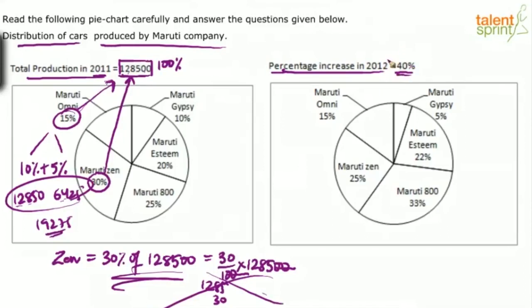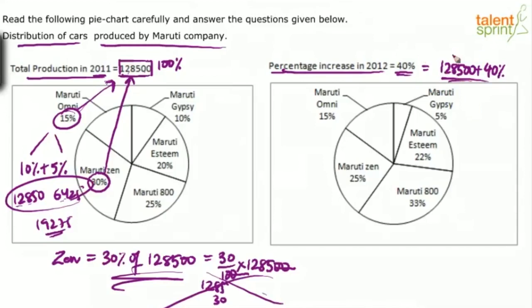Which means what is the total of 2012? It will be 1,28,500 plus 40% of 1,28,500. Yes or no? The increment is 40%. So whatever they are producing the previous year, add 40% of that to itself to get the new value.